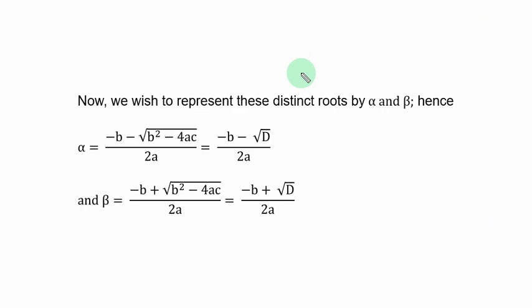Now we wish to represent these distinct roots by alpha and beta. You can use any other letters. So the first root is alpha equal to minus b plus square root of b squared minus 4ac over 2a, and we can denote this term by d, so you have square root of d in that place.